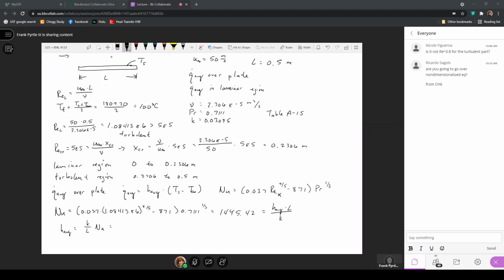So the thermal conductivity is 0.03095, the length of the plate is 0.5 meters, and the Nusselt number is 1,445.42.